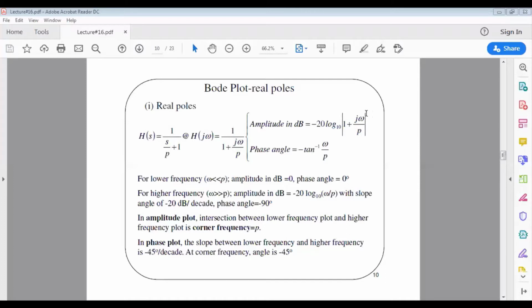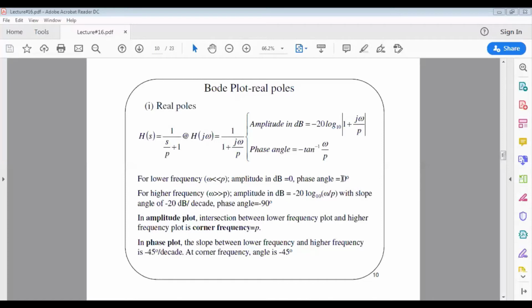When omega is much smaller than p, we can assume that j omega divided by p will be 0, left only with 20 log of 1, and this leads to 0 dB. Also, if omega is much lower than p, the ratio omega divided by p is relatively equal to 0, and arctangent of 0 is 0. That's why for the lower frequency case, the amplitude will be 0 and the phase angle will be 0.